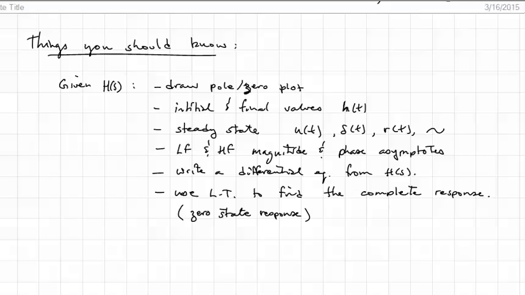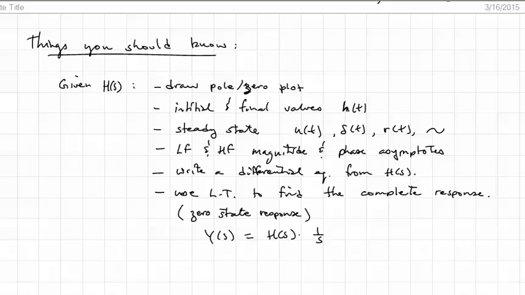So if you're given a transfer function and then you're given some input x of t, for which you take the Laplace transform, let's say it's a unit step, it's 1 over s, and so now you're going to say y of s is equal to h of s times, say, 1 over s.